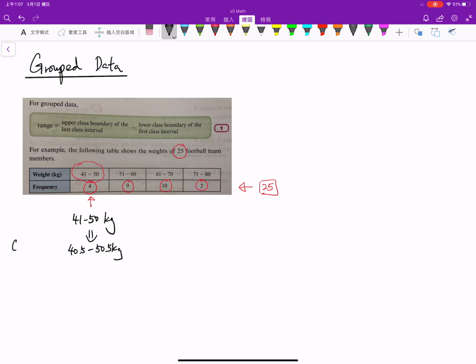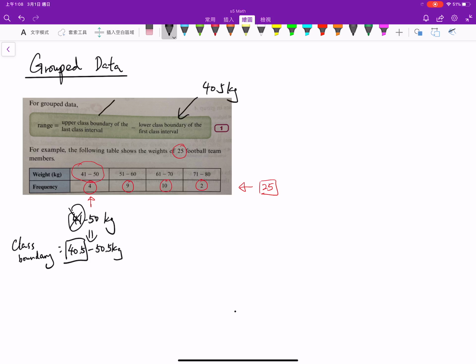So this is the class boundary. If we look at the smallest one, then we will pick 40.5 instead of 41. And this 40.5 is what we call the lower class boundary of the first class interval. In this situation it is 40.5 kg.